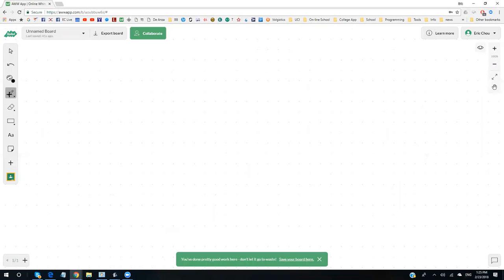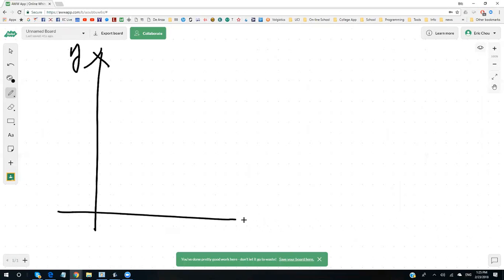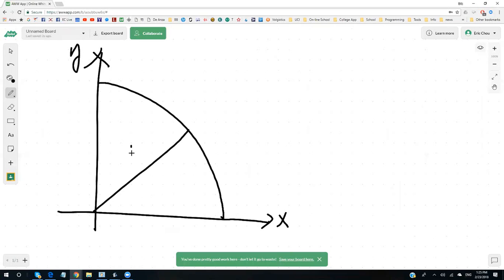Now let me draw another thing. Here we have this y-axis and this x-axis, and a circle like this. As I mentioned, this one's 1. So here I have a theta over here. The length of this guy is called cosine theta.